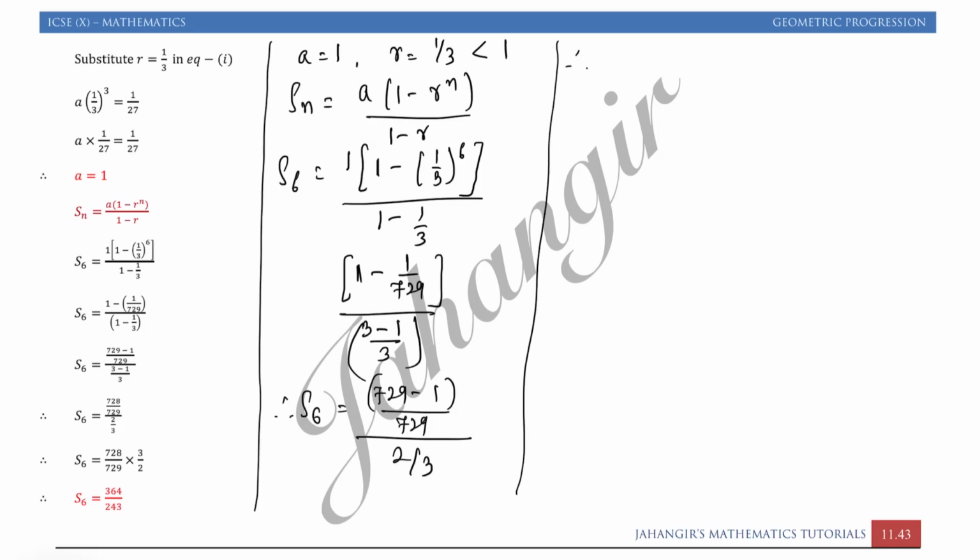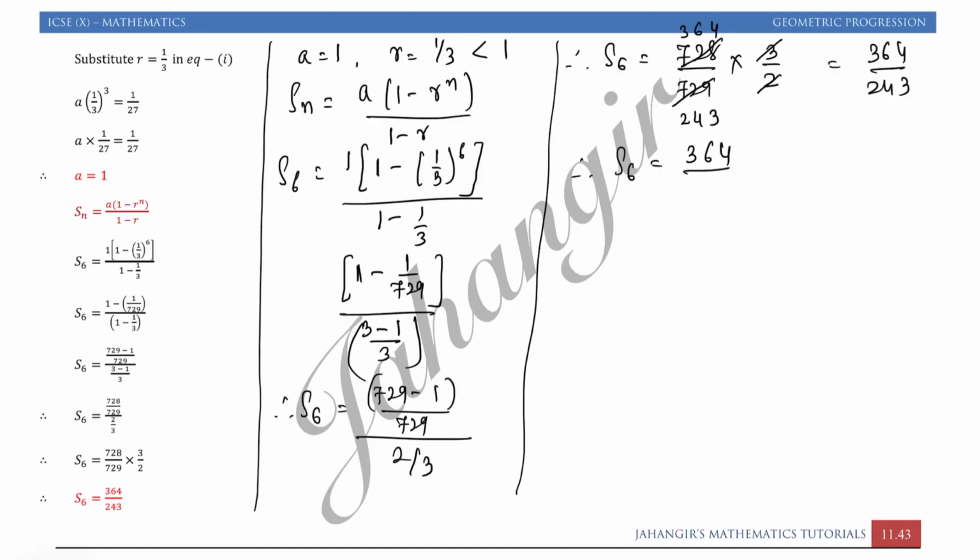So therefore S6 is equal to 728 upon 729 into 3 by 2. So let us cancel: 3 2s are 6, 3 243s are 729, 2 364s are 728. So that is 364 upon 243. So therefore the sum of 6 terms of the GP is 364 upon 243.